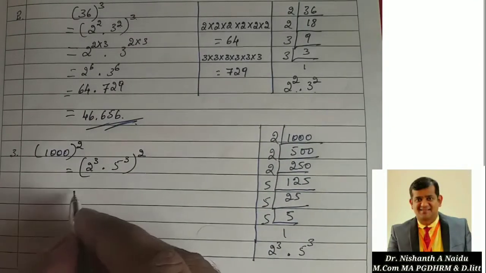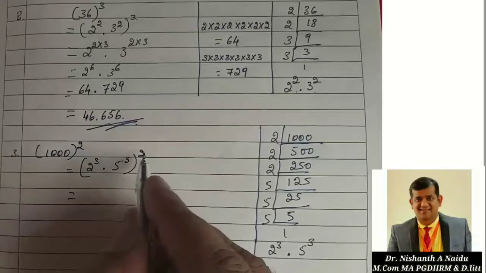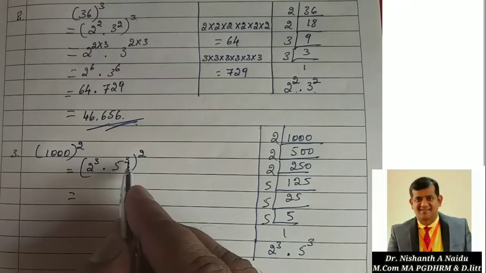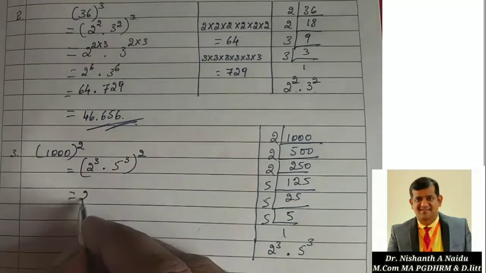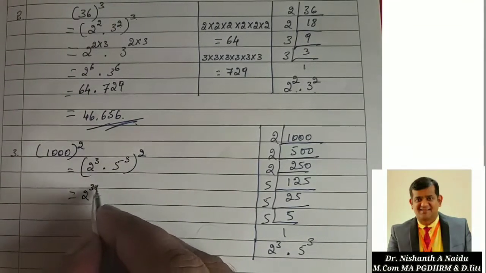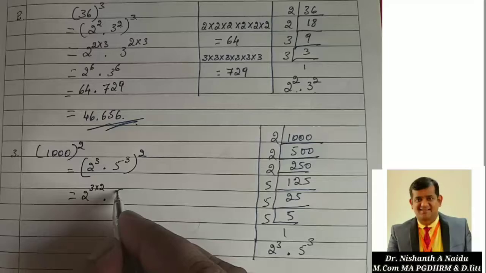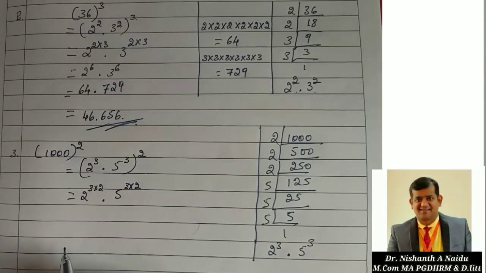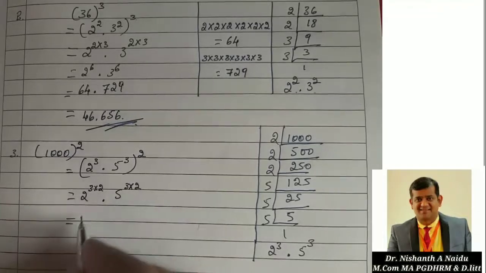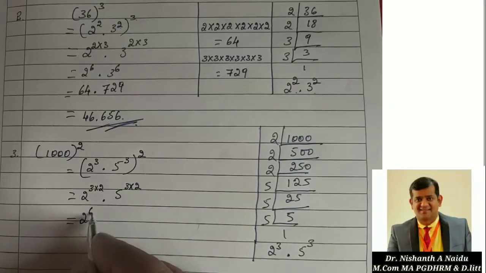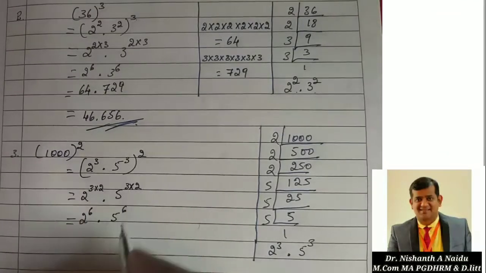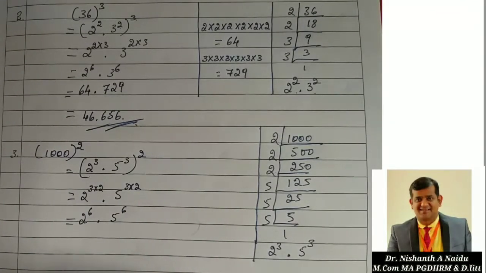So now next level, whenever this comes whole power, 3 2s are, then 3 2s I have to write. So 2 to the power of 3 into 2 into 5 to the power of 3 into 2. So now 3 2s are how much? 2 to the power of 6 into 5 to the power of 6. 3 2s are 6.